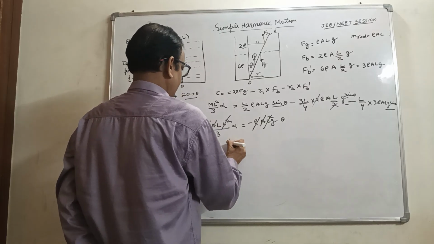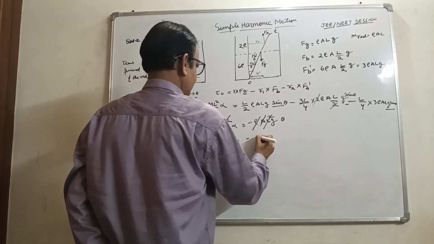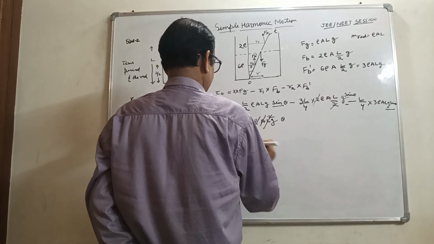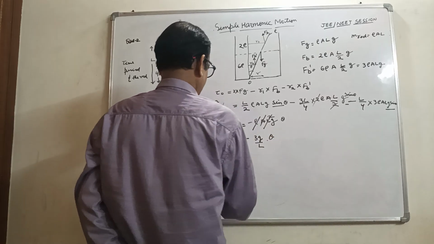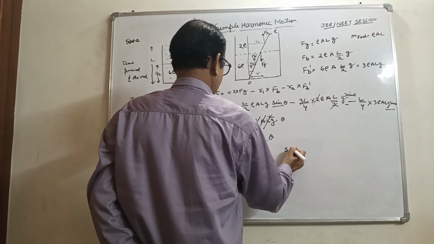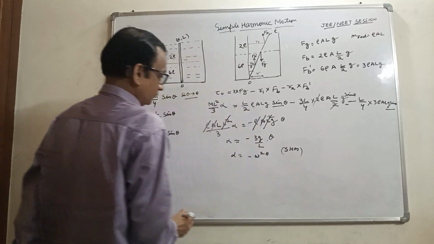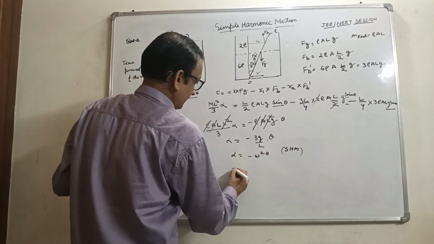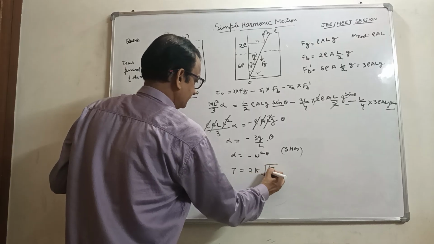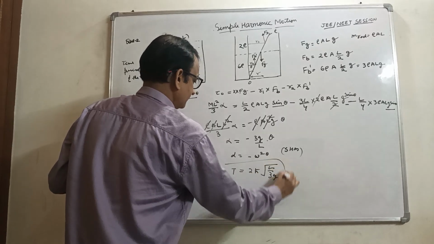So alpha becomes minus 3g by L into theta, which is minus omega square theta. This is the equation of SHM, so the time period would be 2 pi under root L by 3g.